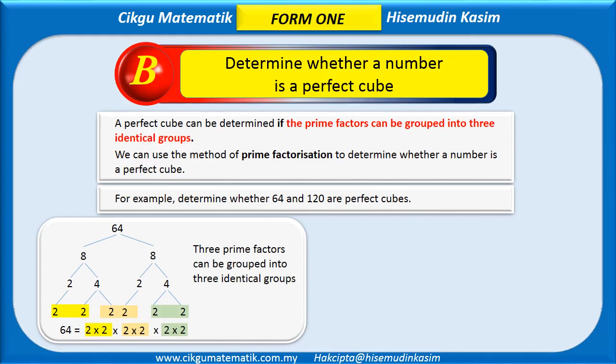The prime factors can be grouped into 3 identical groups.